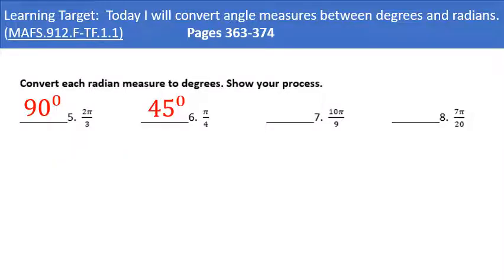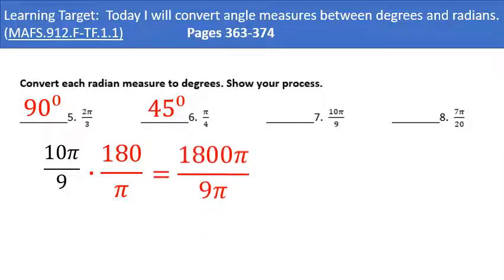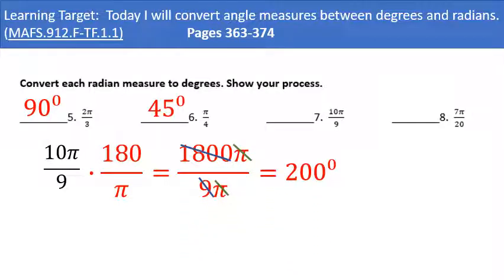All right, here's number 7. 10 pi over 9 multiplied by 180 over pi. Pi's on the top, so I got to multiply with pi on the bottom. I get 1,800 pi over 9 pi. And then divide your numbers and pi's. 200 degrees. Number 8, 7 pi over 20.